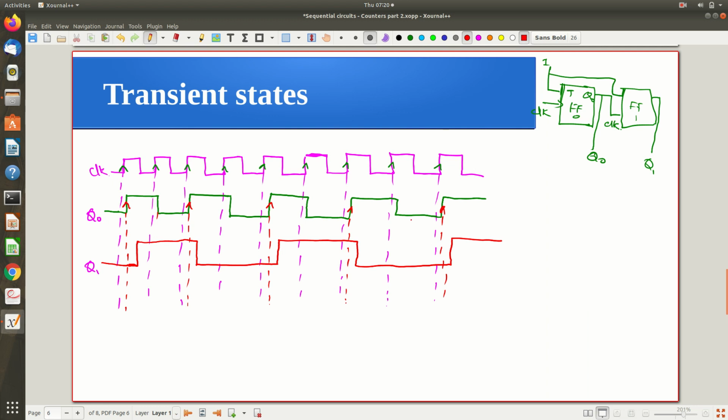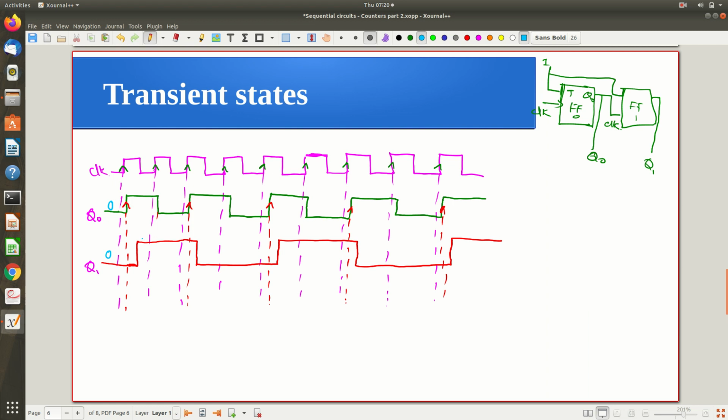Okay, now accordingly, if you are looking at the counting sequence, there could be something interesting. So what we saw initially is both of them are giving you a state like 0 0. We started with that, right? Now Q0 is changing from 0 to 1.